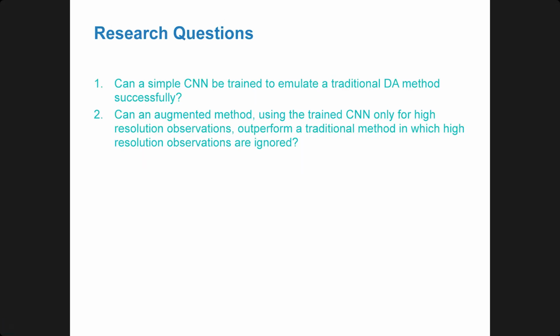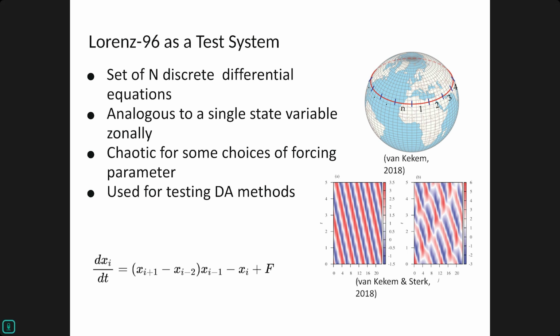What we tried was a simple convolutional neural network trained to emulate the traditional Kalman filter approach. Can this be augmented with the Kalman filter to do assimilation of high resolution data? The model we used here was a simple model, the Lorenz 96 model, not the Lorenz 63 model.